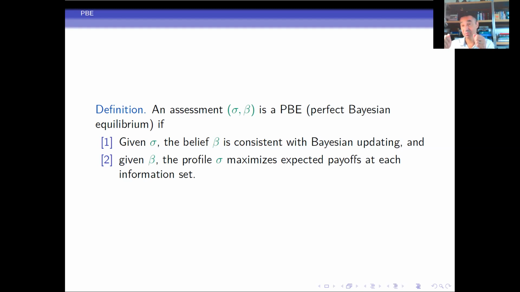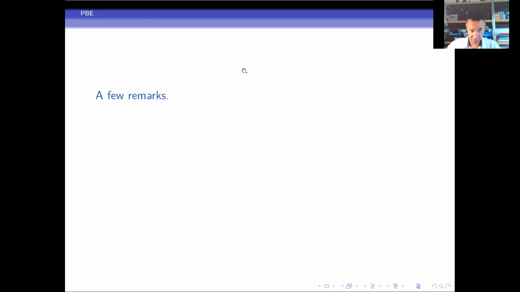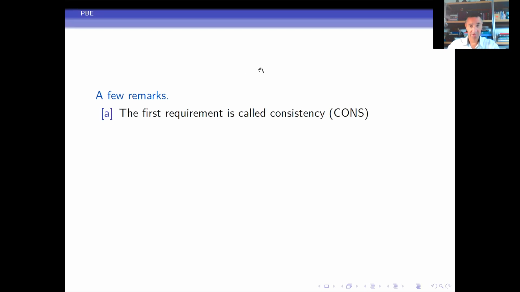And if you have such probabilities, then you can use the strategies for the other players to compute expected payoffs for your actions from that moment onwards. And the strategy assigned to you by the sigma should then maximize your expected payoff. That's a lot of words, but you'll see how it works in examples.